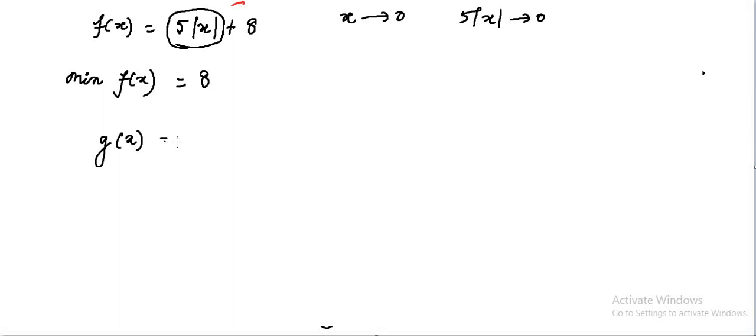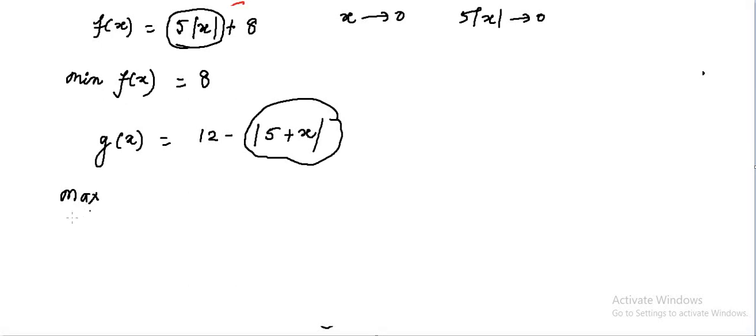Right? Now, let's find out the maximum value. g of x is equal to 12 minus mod of 5 plus x. Now, this quantity is getting subtracted from 12 and we have to find out the maximum. So for making this maximum, definitely this should have the minimal value. Now, when will this be minimal?